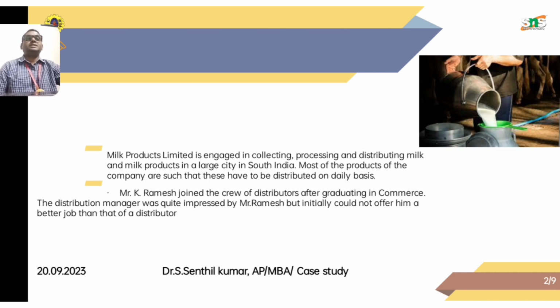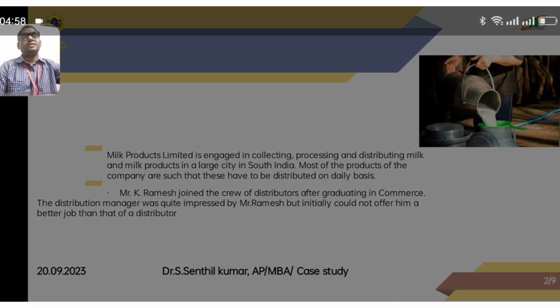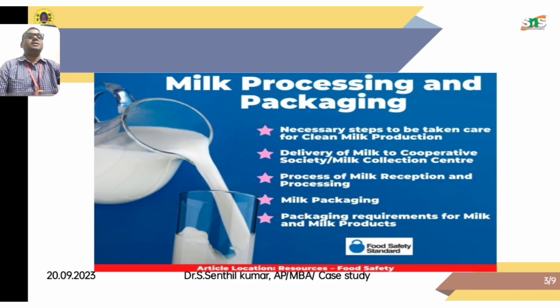Here what happens is Mr. Ramesh joined as a crew member of the distributor after graduating in commerce. The distributor manager was quite impressed by Mr. Ramesh, but initially could not offer him a better job than distributor.